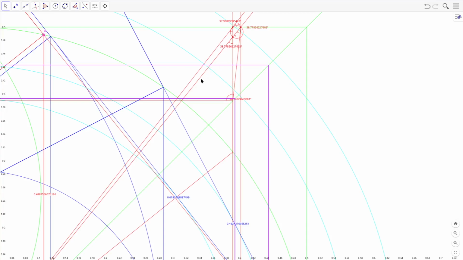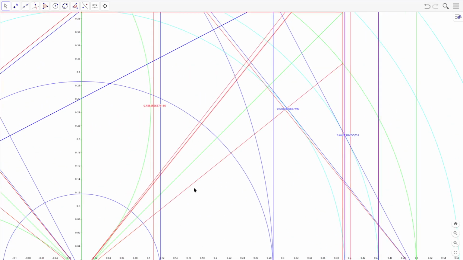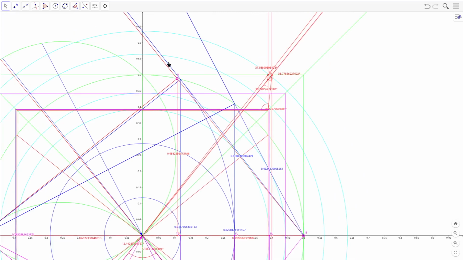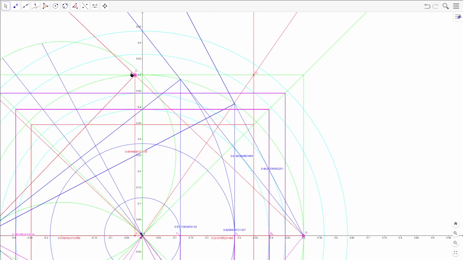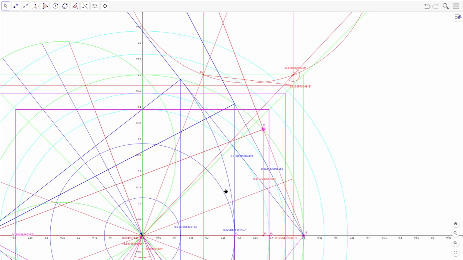However, this line here is, maybe I could show it a different way.